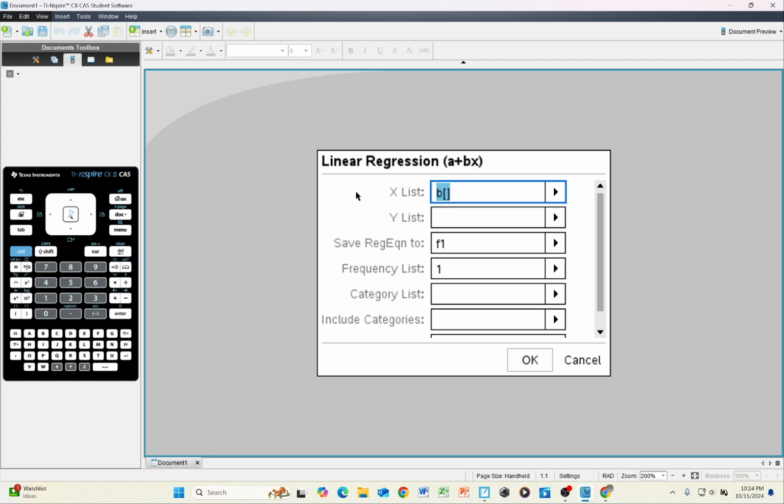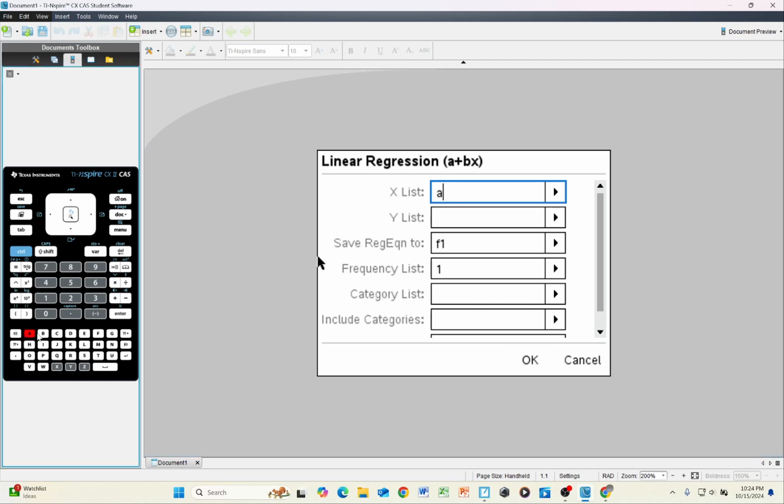Okay. So once we go in here, we want to make sure that we put in all the correct equations. Notice these aren't quite right. Essentially, your x list should be A and your y list should be B, assuming you're starting from a fresh list. So I'm going to do A, control and parentheses, and that's going to put the brackets in.